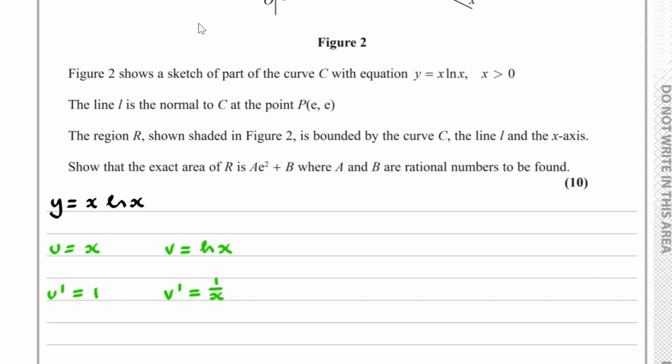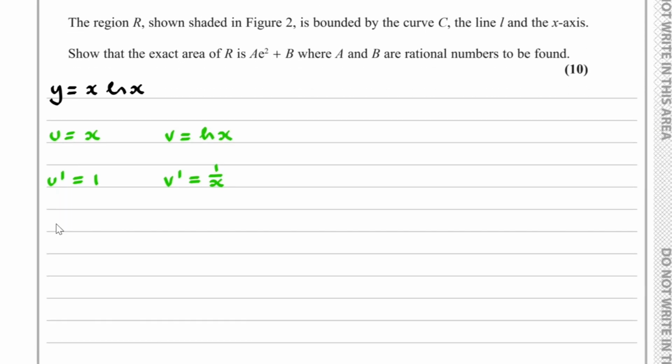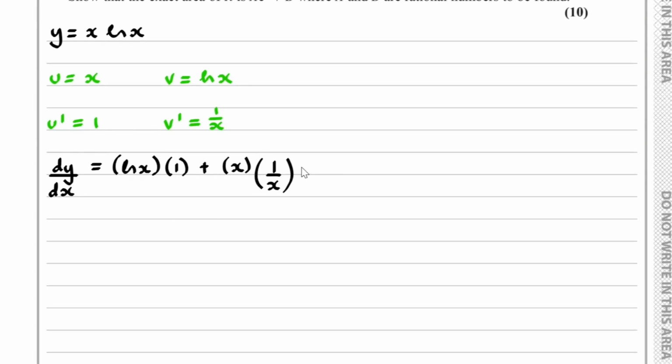And so therefore, if I find out what dy over dx is, dy over dx equals natural log of x times 1 plus x times 1 over x. And it turns out dy over dx then is equal to natural log x plus 1.